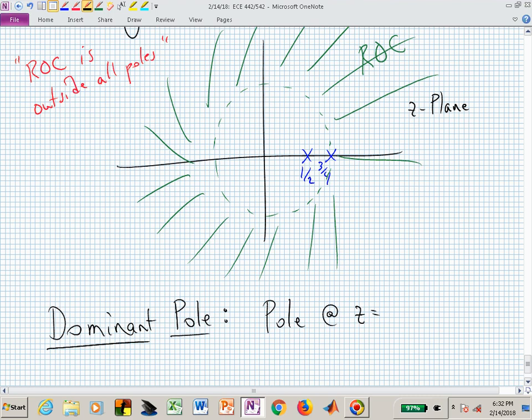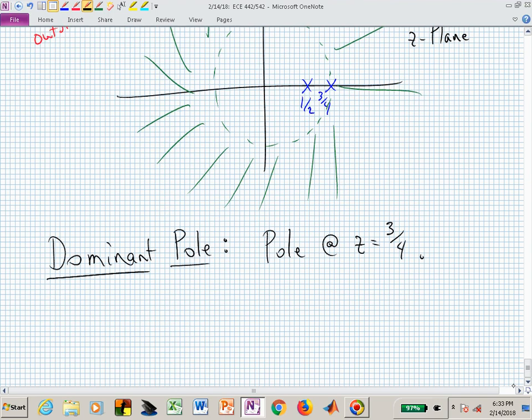Not really, because it would be going unbounded and blowing up our system, wouldn't it? We would smell it burning in no time. We could rely on our other senses to determine the behavior of that system if we had a pole at 2. And it wouldn't smell very good, would it? So this one, the dominant pole is actually at 3/4.